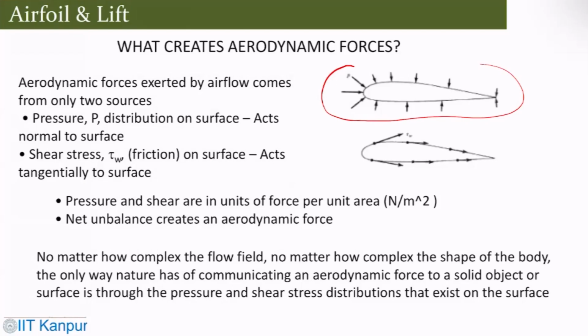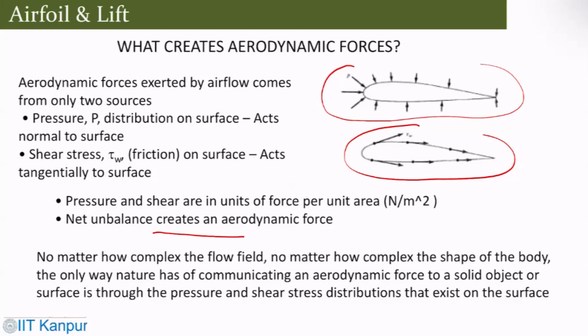The other is shear stress, friction on the surface, which acts tangentially on the surface. The net imbalance in the force creates the aerodynamic force. No matter how complex the flow field, no matter how complex the shape of the body, the only way nature has of communicating an aerodynamic force to a solid object or surface is through the pressure and shear stress distribution that exists on the surface.